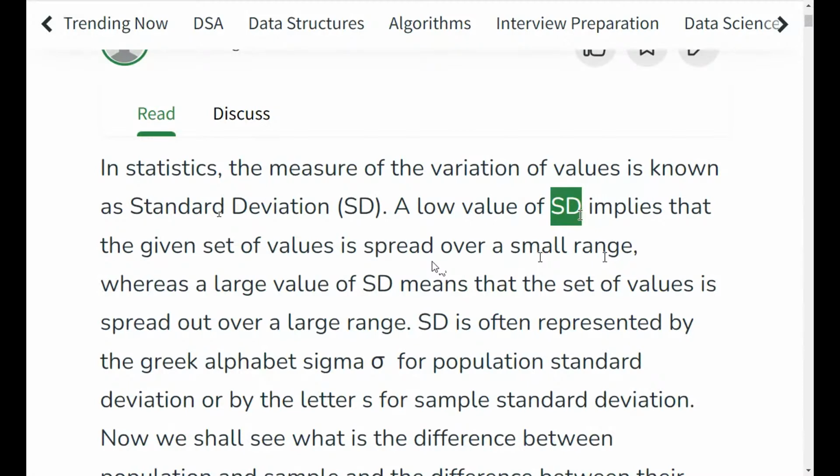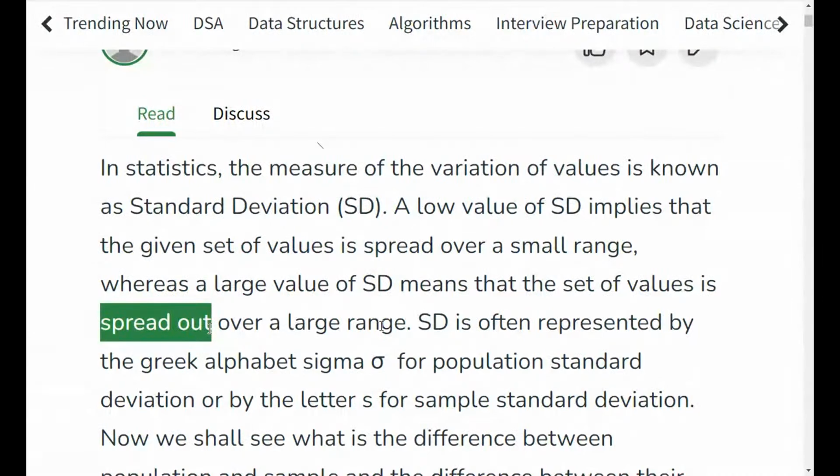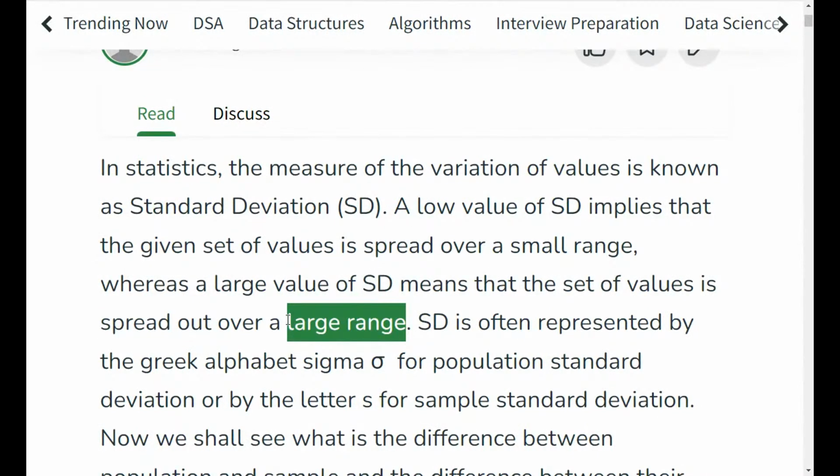So a low value of standard deviation implies that the given set of values is spread over a small range, whereas a large value of SD means that the set of values is spread out over a large range. What does that mean, large range? 1 to 10 lakh is the larger range.